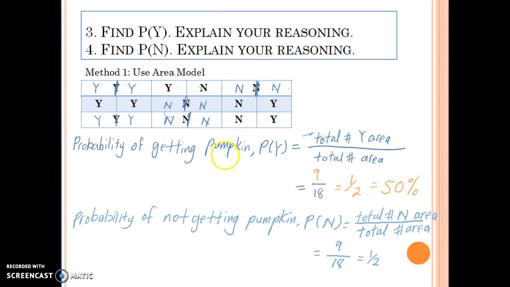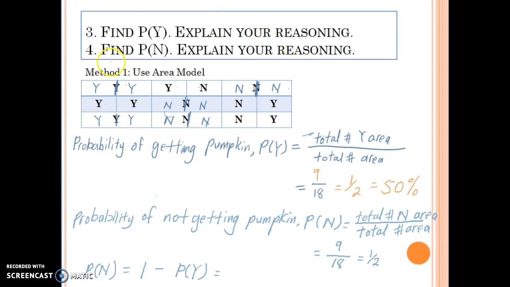You can also think about probability. Since you either get a pumpkin or not a pumpkin, there are only two possible outcomes. So the probability of not getting a pumpkin, you can also see as all the possibilities that you could have, which is getting a pumpkin or not getting a pumpkin, which is 1, subtract the probability of getting a pumpkin, and you will get the same answer, which is 1/2.